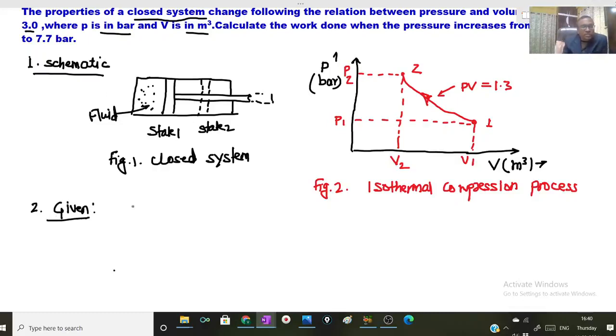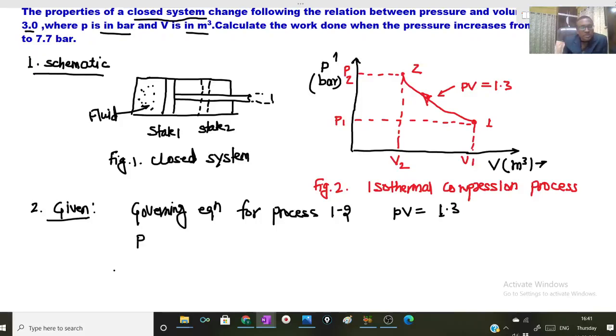So the very first thing given to you in the problem is the governing equation for process 1 to 2, and this governing equation is PV = 1.3.